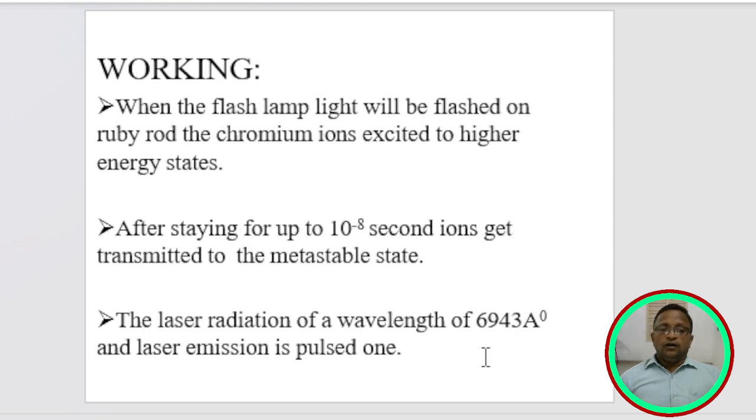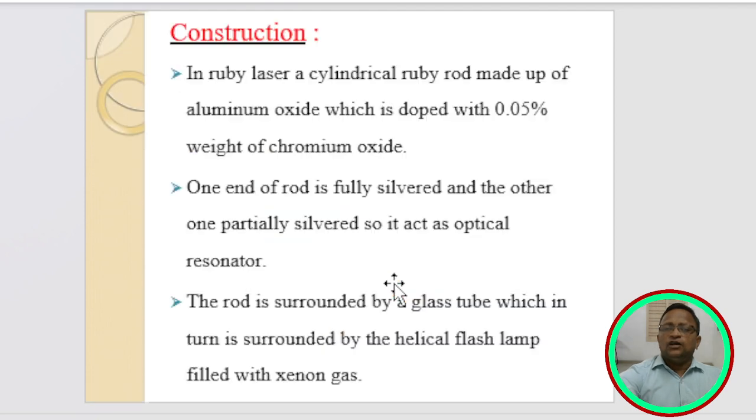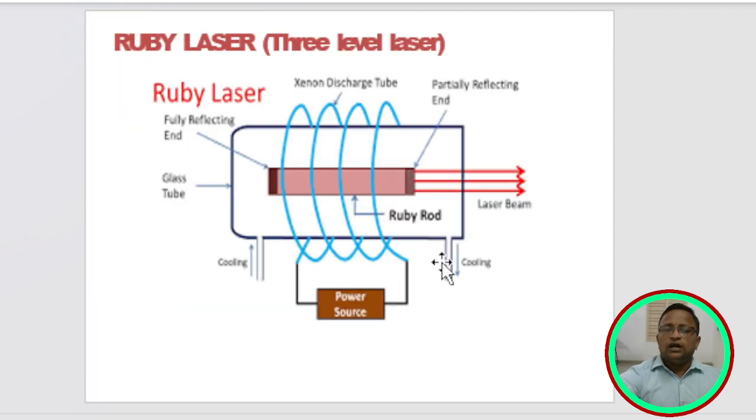So making a continuous beam does not happen in a 3-level laser system, especially in the ruby laser, because the heat generated inside the glass tube may be harmful to the ruby rod.